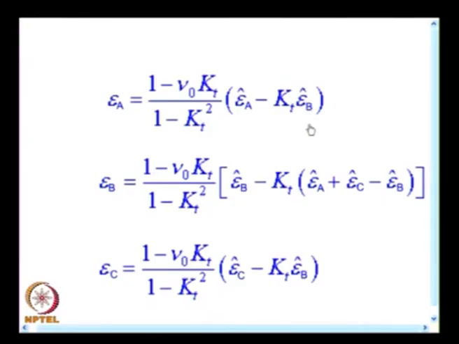These derivations are not discussed here, but it is possible to arrive at these final set of expressions. So, what does this show is how important these effects become when you want to go for very fine measurements using strain gauge technology.